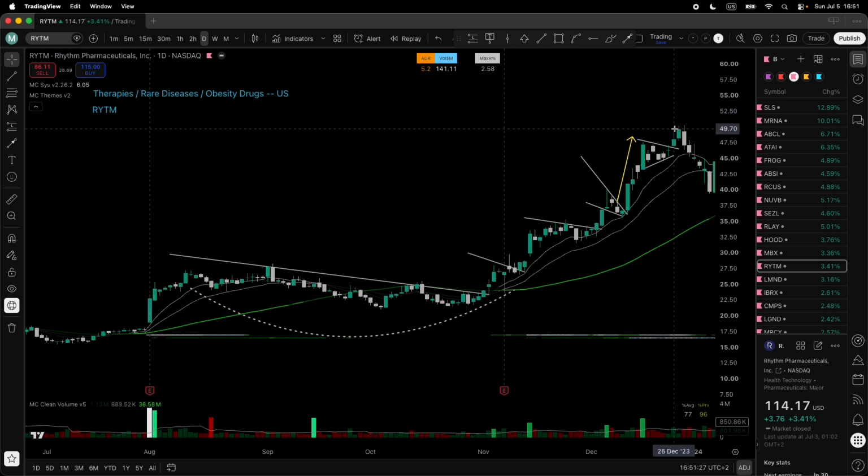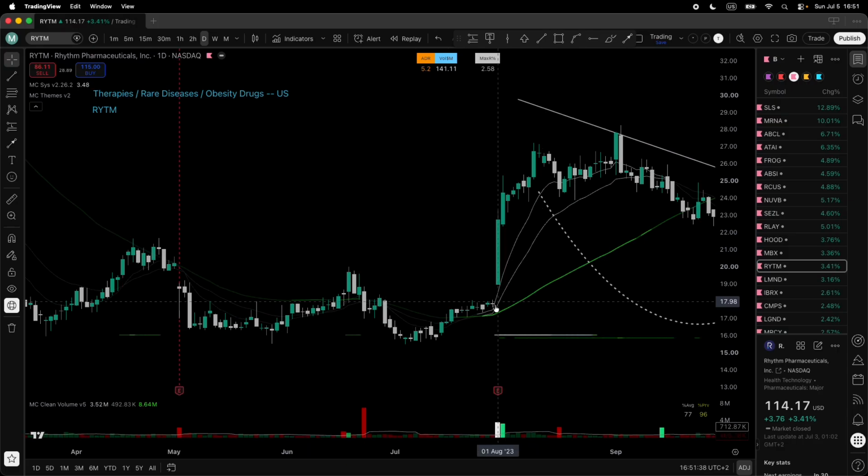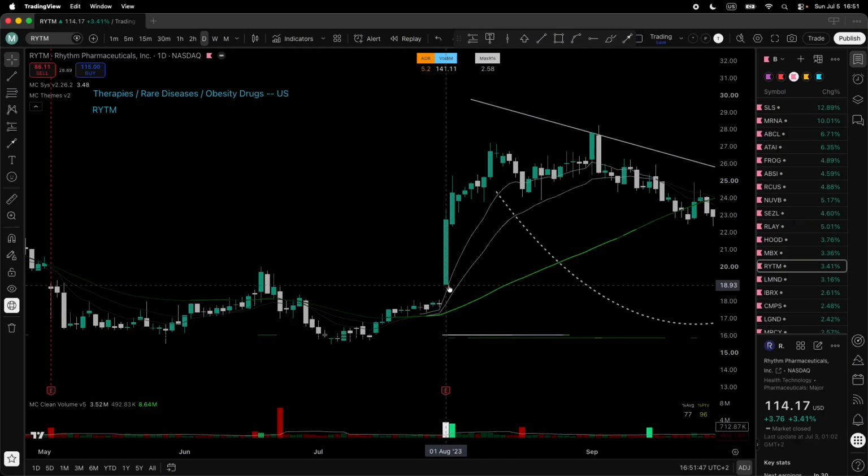So you have to see very, very strong volume like this. You want to see 2x, 3x the average daily volume for a gap movement to sustain the move, like you have here. See, you have a gap, and this is like 5x or more the average daily volume. So you see how it sustained the move.